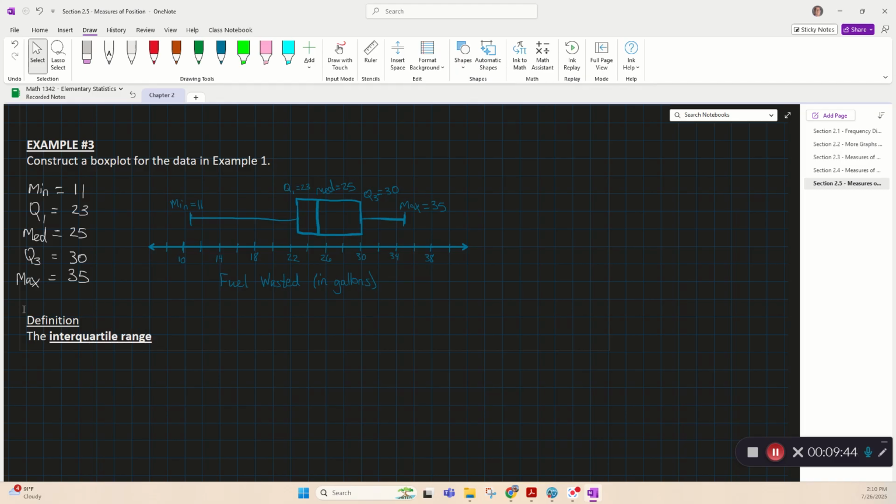Interquartile range, commonly abbreviated as the IQR, is a measure of variation that gives the range of the middle portion, or about half of the data.